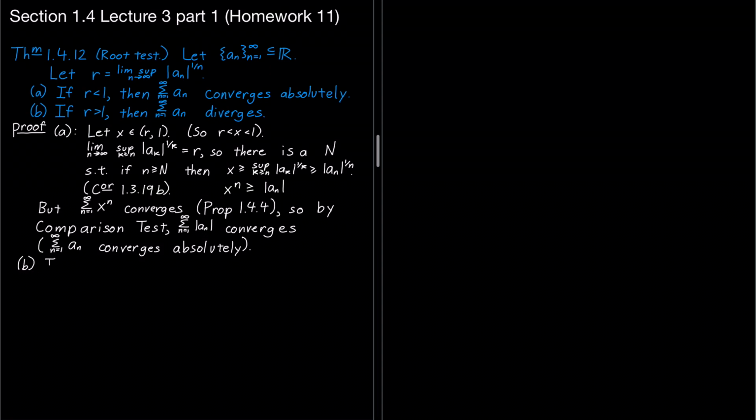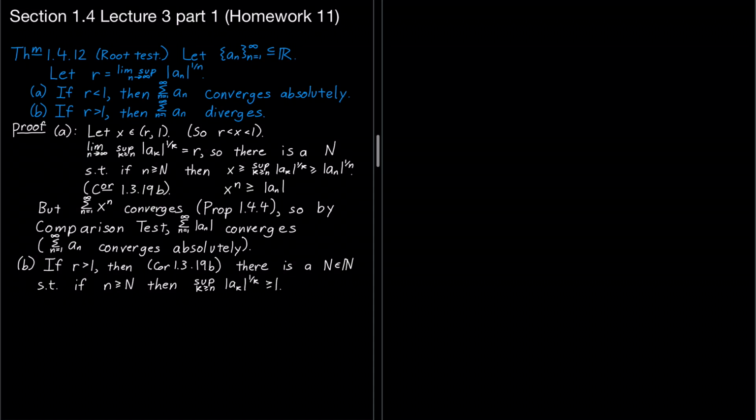So part B, if R is greater than 1, then again by Corollary 1.3.19b, there is a big N natural number such that if n is bigger than big N, then the supremum over k bigger than or equal to n of the absolute value of a_k to the 1 over k is at least 1.